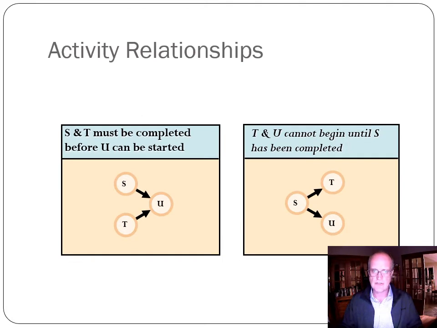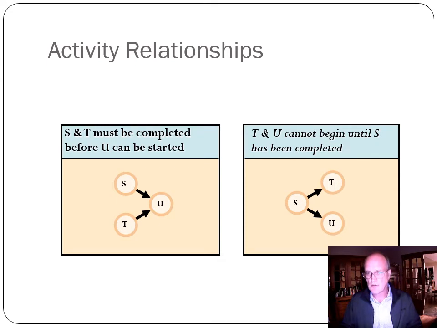And some other simple examples. In this case, both S and T have to be finished before U can start. And so we have to have both of them finished, regardless of how long they take individually, before we can begin U. That's reflected here.